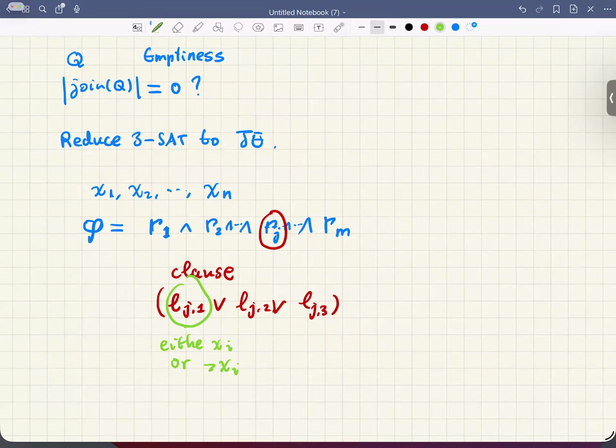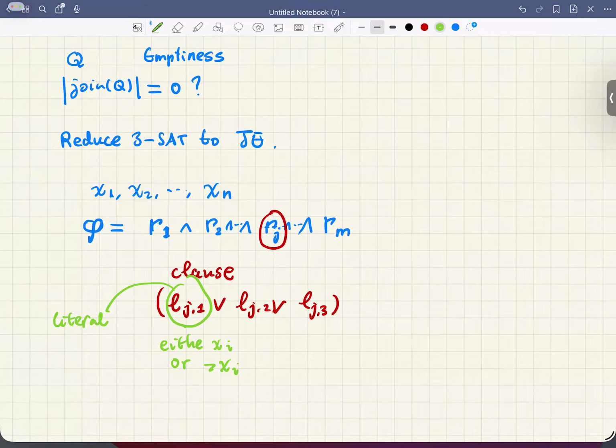This completes the definition of phi. Once again, you can see that this clause consists of 3 so-called literals. These are called literals.